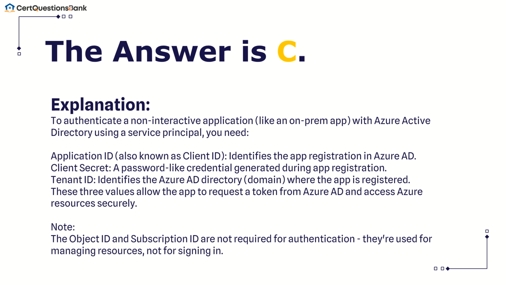Tenant ID, identifies the Azure AD directory, domain, where the app is registered. These three values allow the app to request a token from Azure AD and access Azure resources securely. Note: the object ID and subscription ID are not required for authentication. They're used for managing resources, not for signing in.